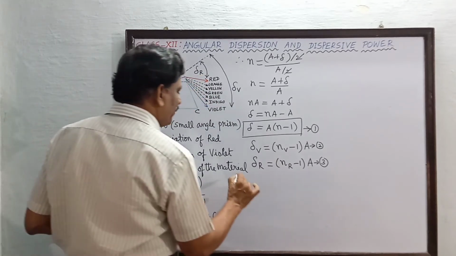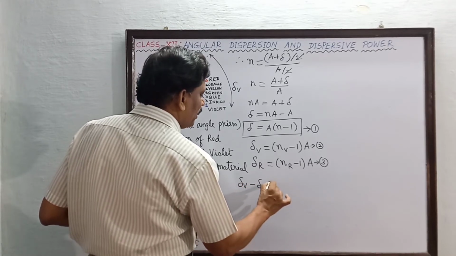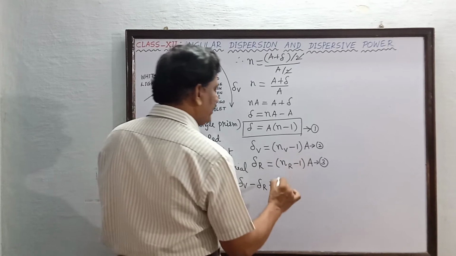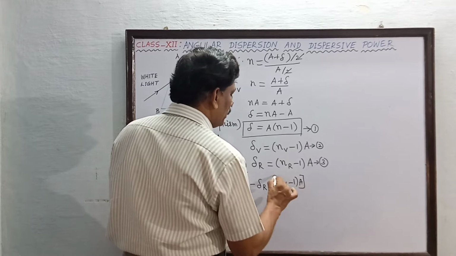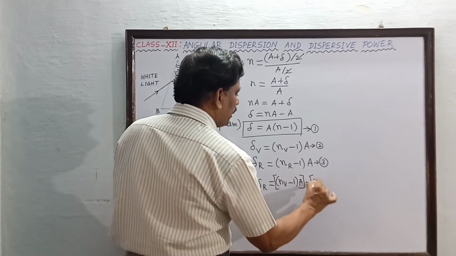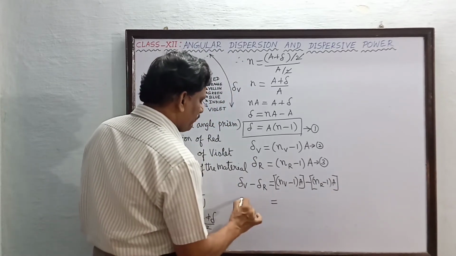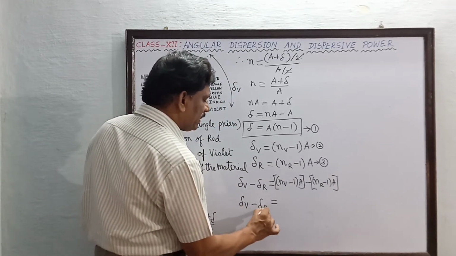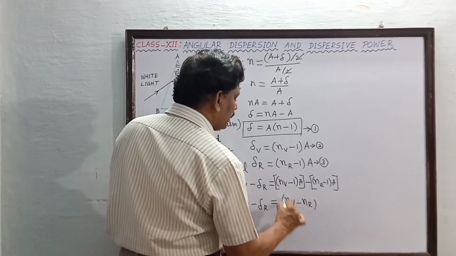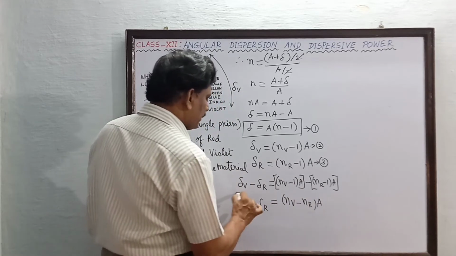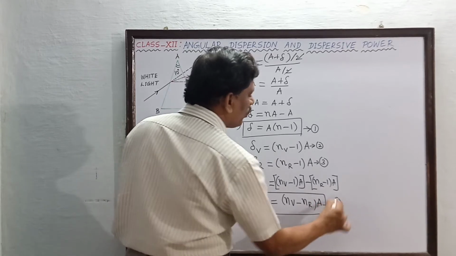So this difference in the deviation, delta violet minus delta R. Okay, so on the right hand side it is (nV minus 1) into A minus (nR minus 1) into A. So if you find this difference, delta V minus delta R is equal to (nV minus nR) into A. So this will be the equation available for us. This is equation number 4.